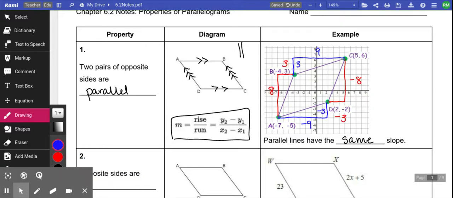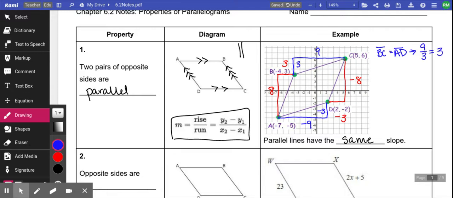Okay, so if you figured out the slope, you should see that the blue lines, BC and AD, the slope of both of those lines is 9/3, or we could just say 3.